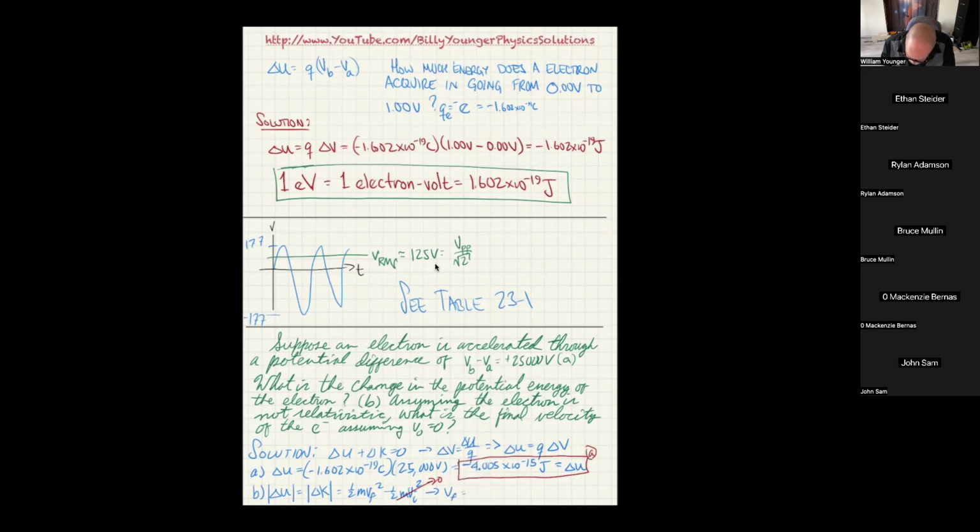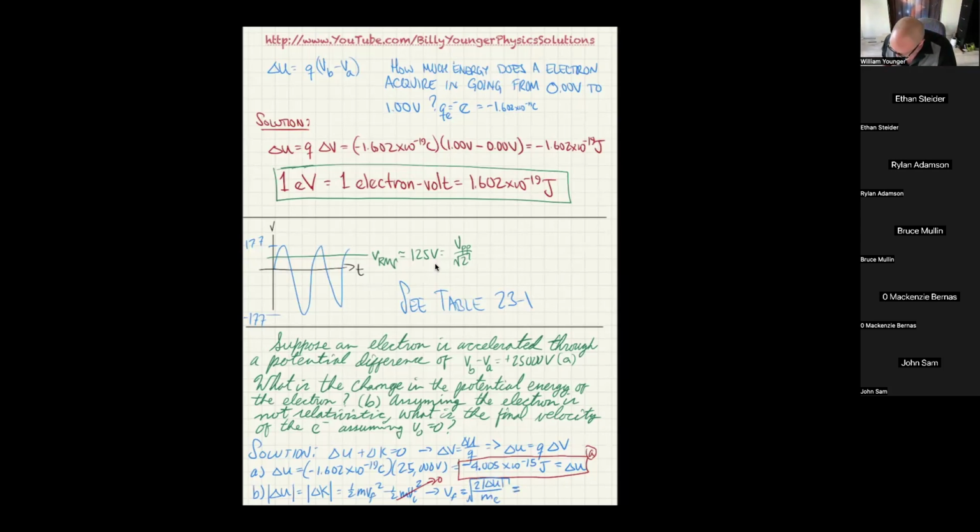V final is equal to 2 times the magnitude of delta U over m of the electron, and then I'm going to take the square root of that. I don't have much room, so I'm going to read these words out.